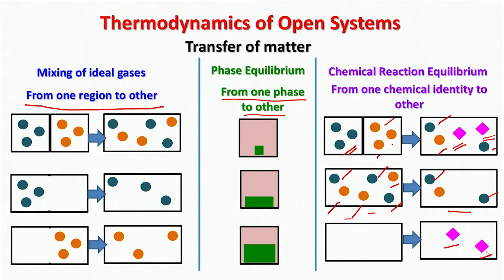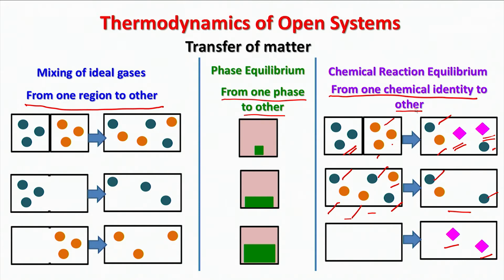Therefore, whenever I am describing the chemical reaction equilibrium, I must take into account two factors. One is the transfer of matter from one chemical identity to the other, and the second one is mixing of these different chemical species in the final reaction mixture at equilibrium.